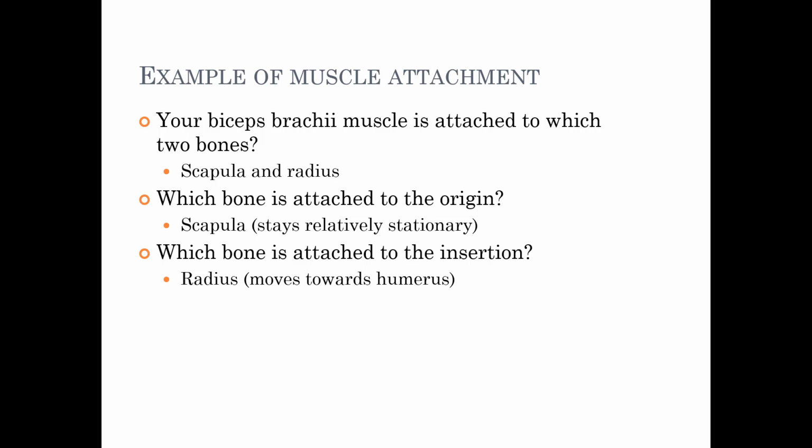The scapula stays relatively stationary and the radius moves towards the humerus. It results in the flexion of your lower arm relative to your upper arm. So the origin of the biceps brachii muscle is the scapula and the insertion is the radius.